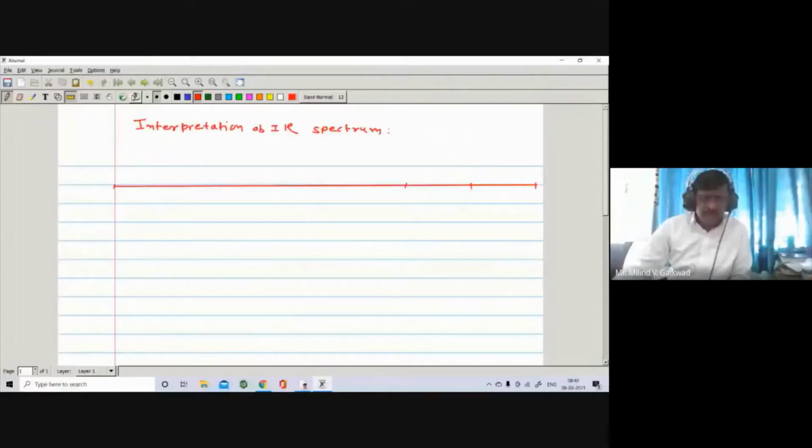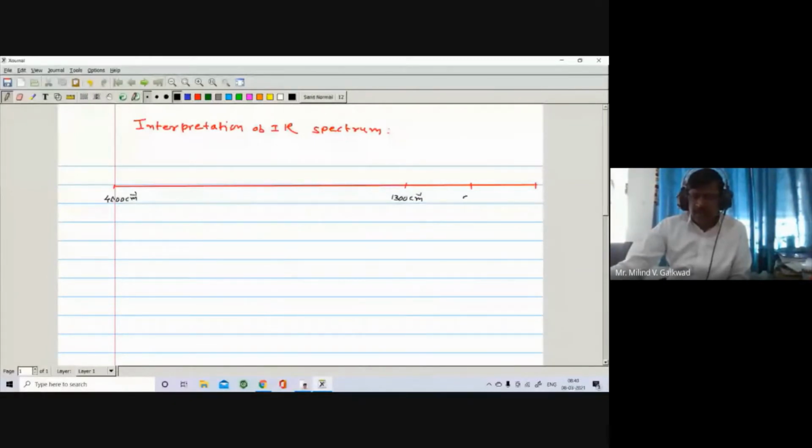4,000 centimeter inverse to 1300 centimeter inverse, then 909 centimeter inverse to 625 centimeter inverse.